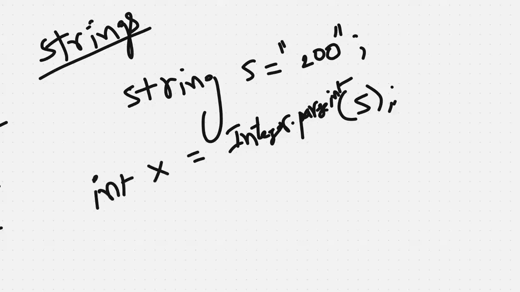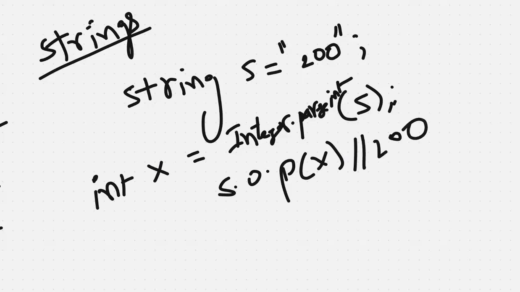Then we can print system.out.println of x. So here we get 200. So I call a string into the Integer.parseInt function and convert it to an integer. It's reverse. Here I converted a string to a number.